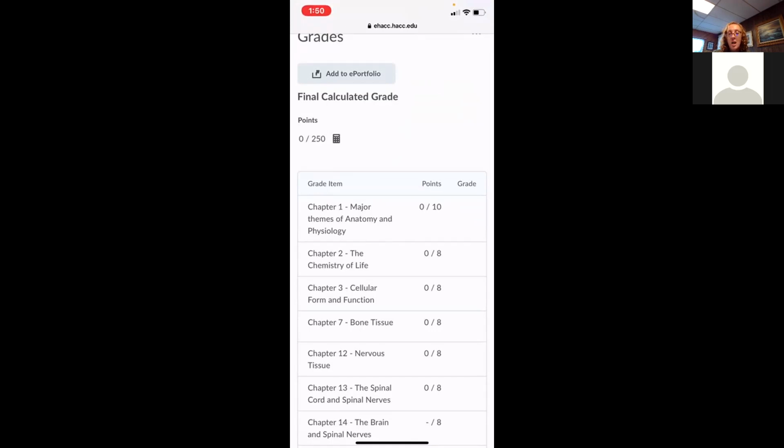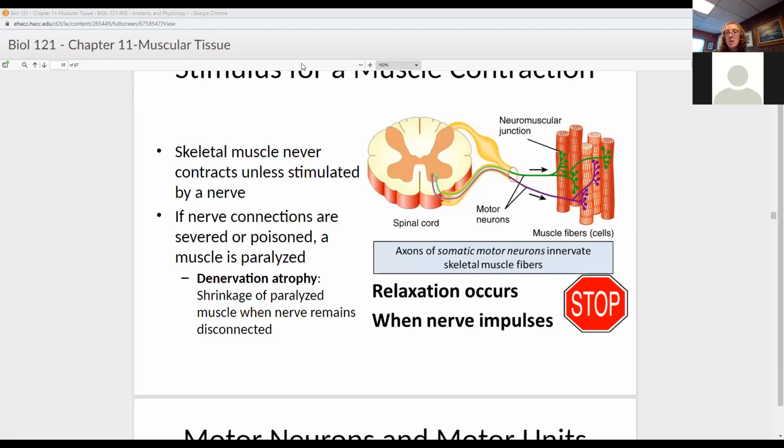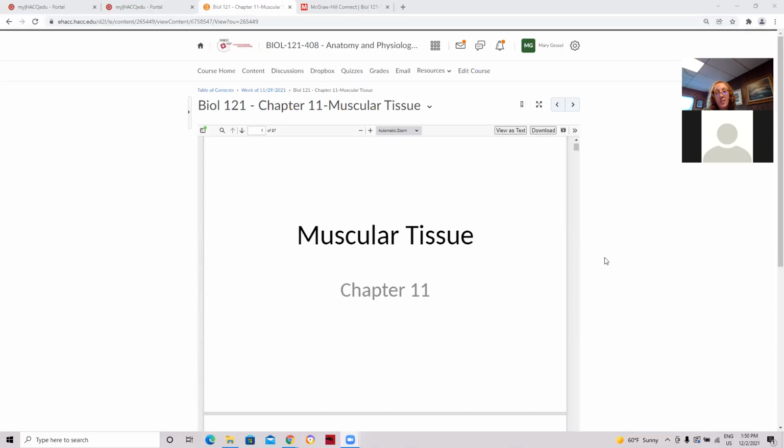Have you seen your grades in Connect? I've seen the grade I got when I turn them in, but I haven't looked. Can you send me a screenshot of that? Because right now I don't have any grades for you.